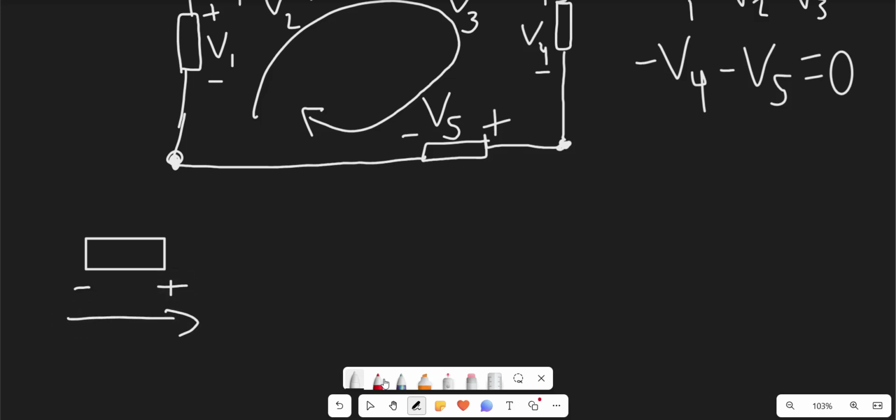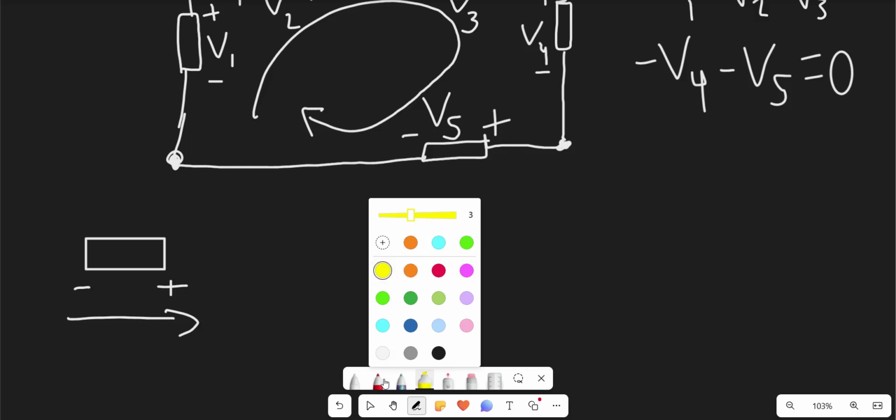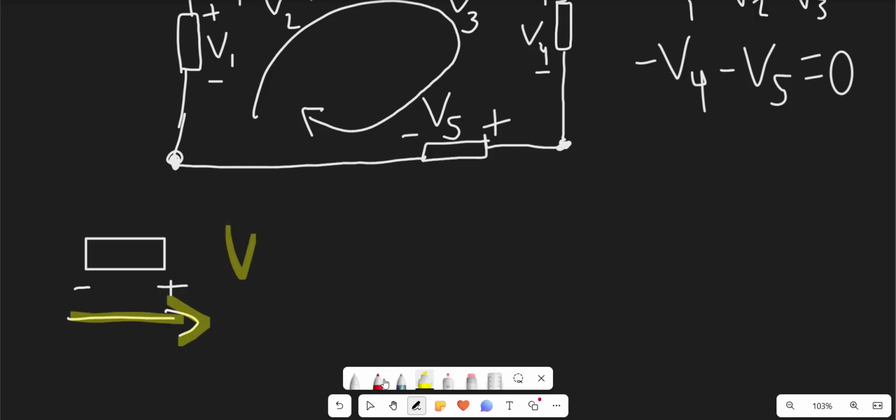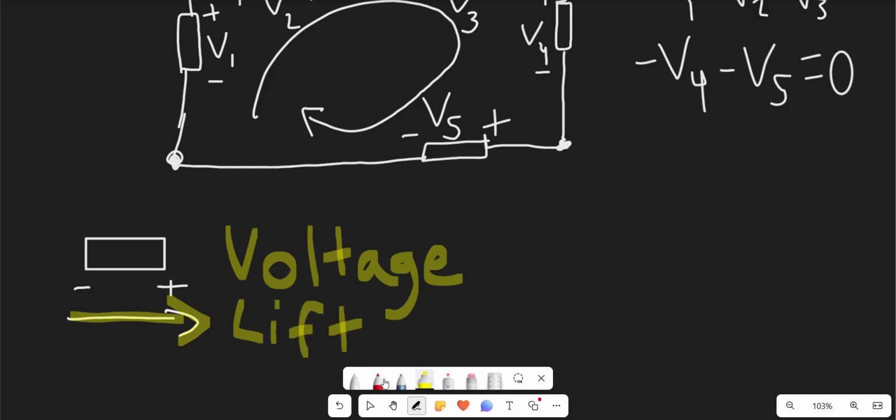So as you can see, it's going from positive to negative. So that's going to be a voltage lift because it's going from a low potential to a high potential. So this is a voltage lift. And if we take that same battery again, except this time we reverse the polarity, so this is going to be the positive side and this is going to be a minus side, and the current is still flowing in this direction.